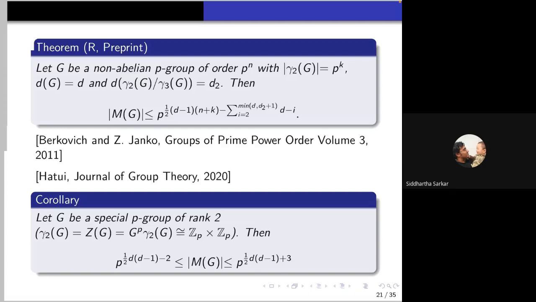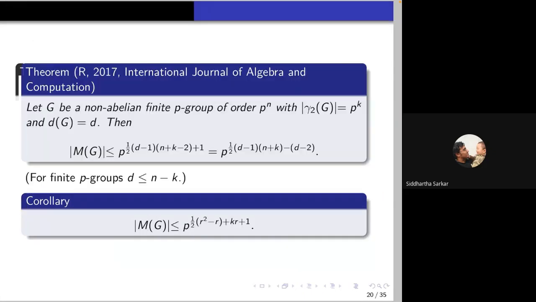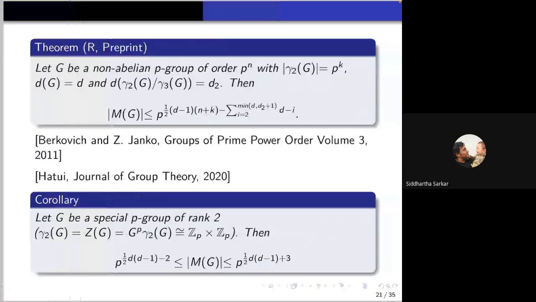Then one can see that |M(G)| is less than or equal to p to the power half d minus 1 into (n plus k) minus the sum of (d minus i), where i goes from 2 to the minimum of d and d2 plus 1. The earlier bound gives you p to the power half d minus 1 into (n plus k minus d minus 2), and here we are just going further.